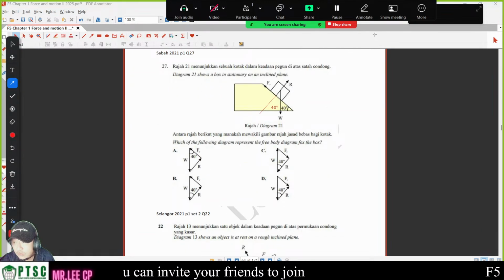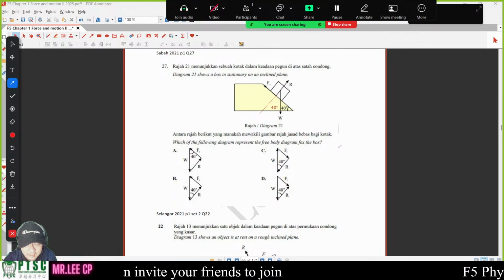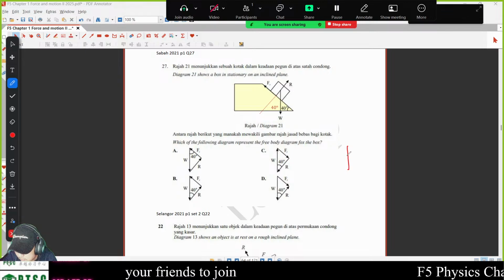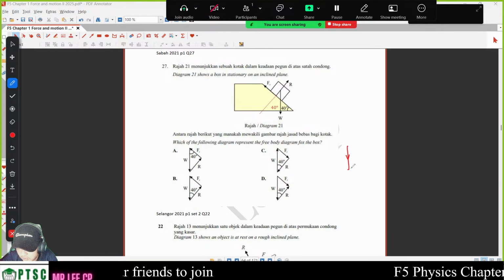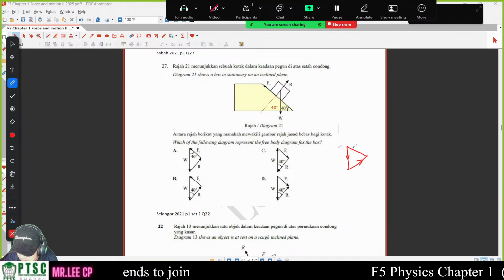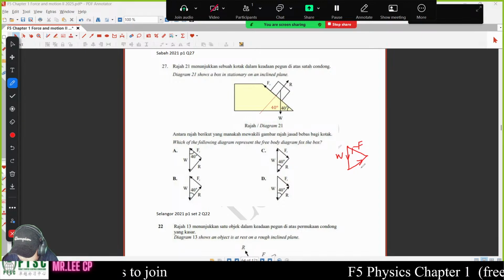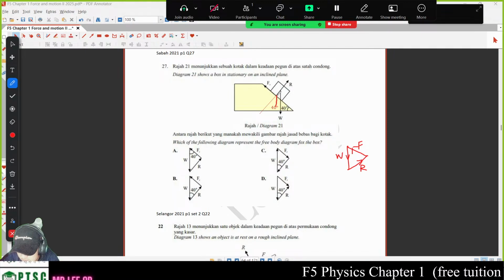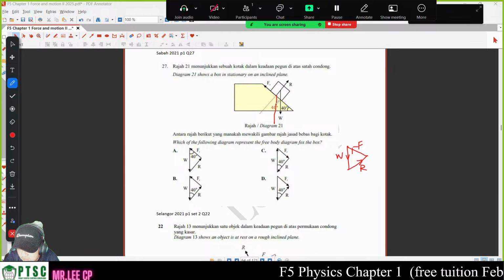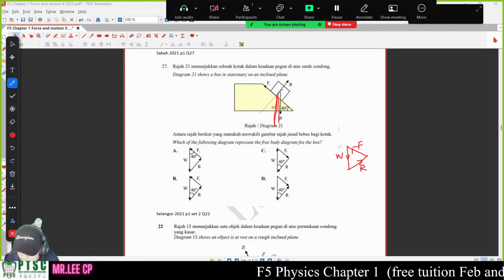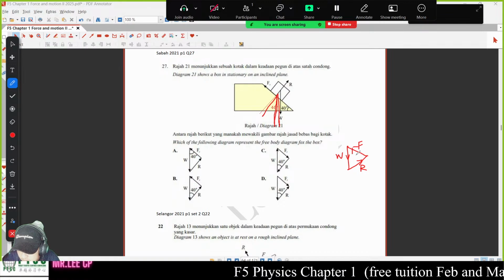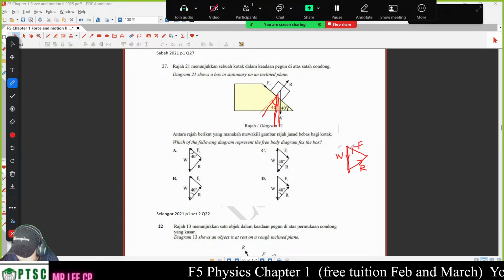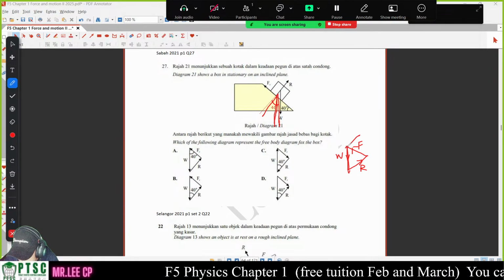So we need to draw the 40 degrees. Alright, so the angle is 40. So where should we put it? This is W, this is R, this is F. Now you look for the 40 degrees. 40 degrees is in between W and R. This is the direction here.